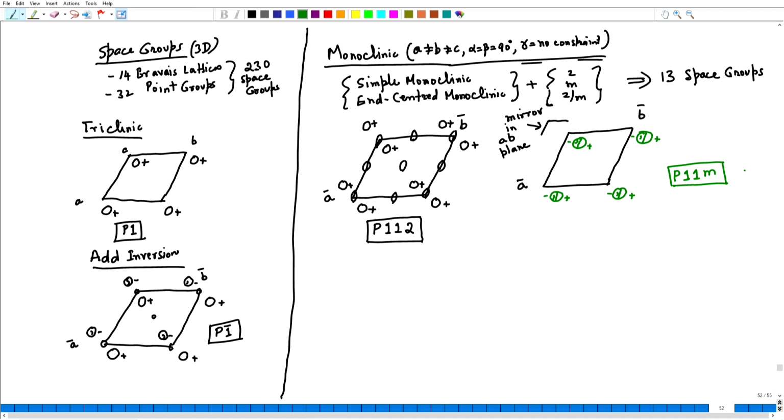Now, let us consider, we will remain in the monoclinic, but let me consider now the end-centered monoclinic. So, end-centered monoclinic, let me consider with only a two-fold rotational symmetry present.